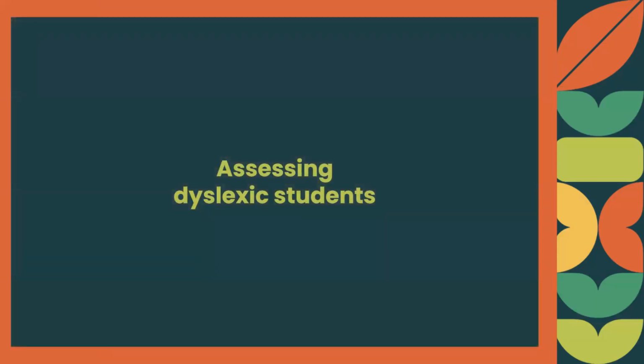So assessing dyslexic students. So a really important thing is to focus on the goal of the lesson. So if you have a lesson which is based on creative writing, or using adverbs or whatever, focus on that. Don't get brought down by other things.